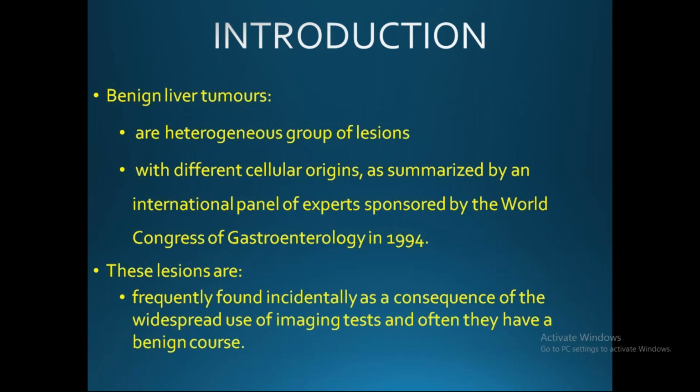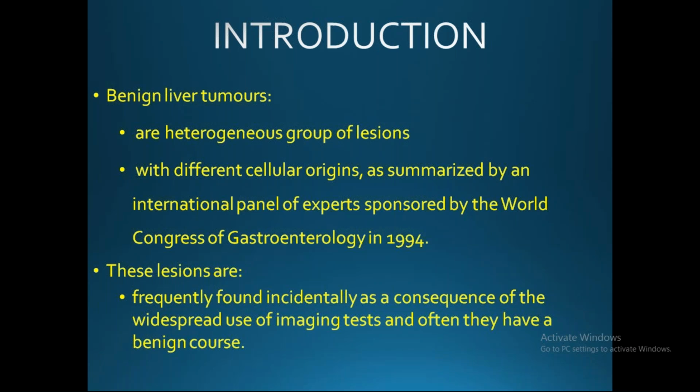They have cellular origins. They have fibrous tissue origins, etc. So all this classification is based on the panel from the World Congress of Gastroenterology. When that conference was held, they classified and subdivided all these various benign tumors into a certain set of classifications.